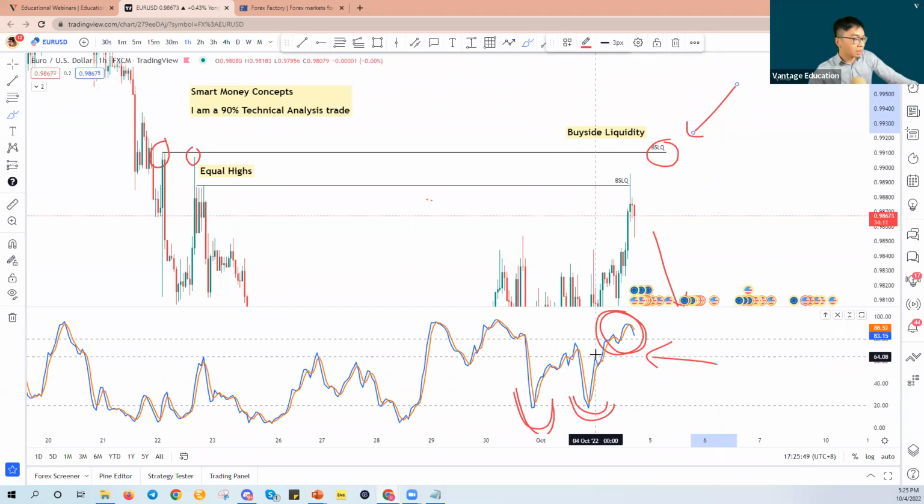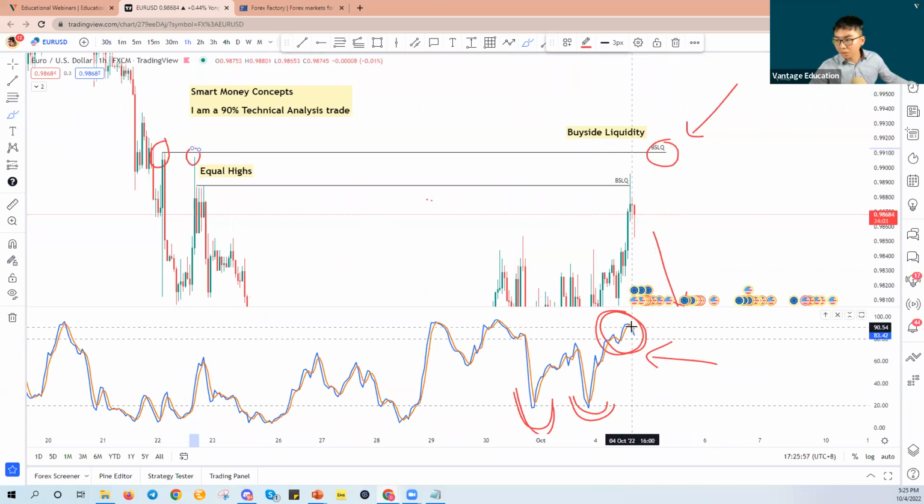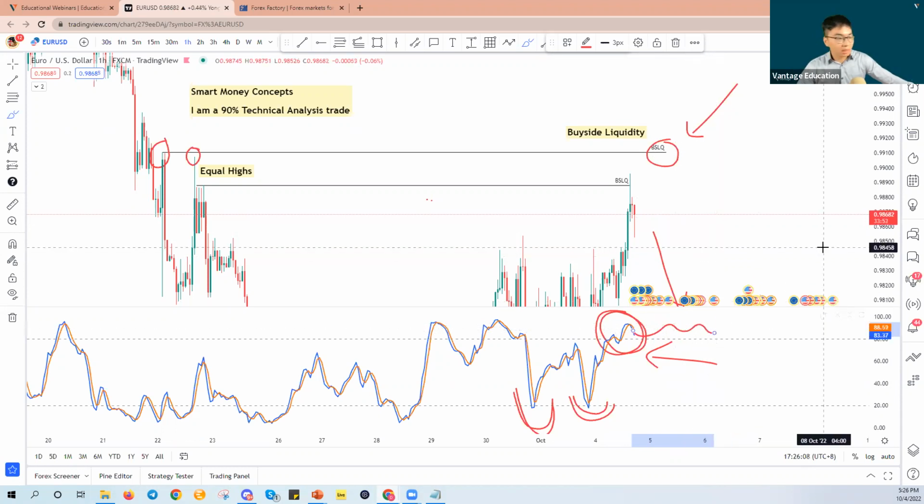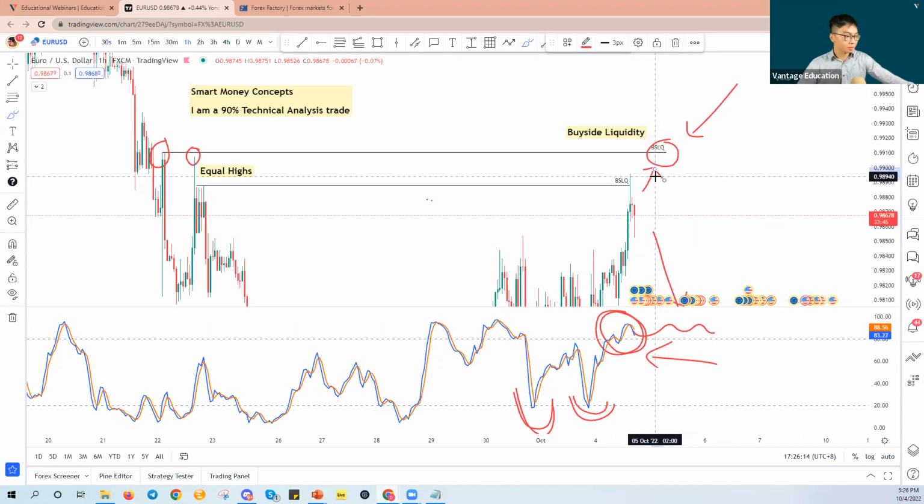It doesn't mean you can just sell immediately. You need the confluence, and I have my confluence with the buy side liquidity on top. So my confluence tells me it is possible for price to continue staying above the 80 level until it clears this buy side liquidity.